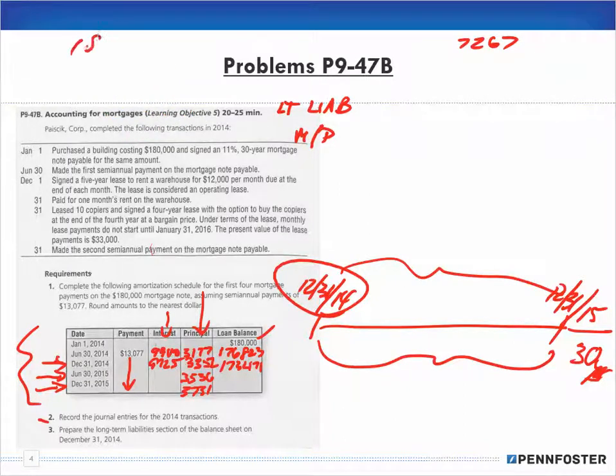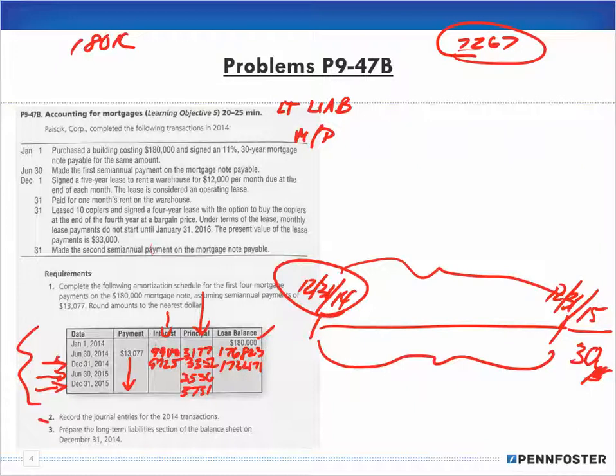If we take the mortgage of $180,000, let me look at this just for one quick second. Okay, so we have this. This is the 72.67.